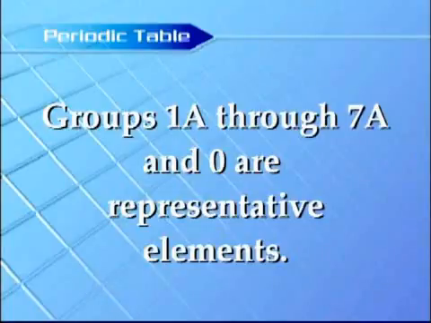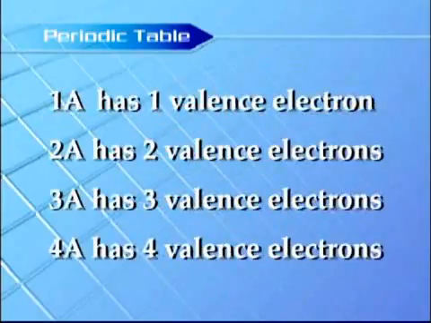The A groups are called representative elements because they represent the whole spectrum of elements from metals to nonmetals. In each A column, every element has the same number of valence electrons. In fact, the number of valence electrons for each A group matches its group number, which increases by 1 as we move across the table to the right.